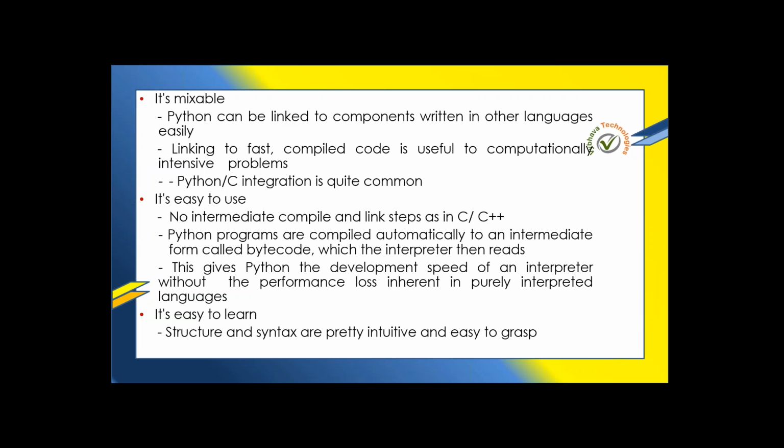No intermediate compilation is there. Go for the C syntax, it will create an .obj file in a Linux environment. Then only it will go for the execution file, the .o file. O means output file. So two phases, two files will be created in C or C++. In Python, only one file.